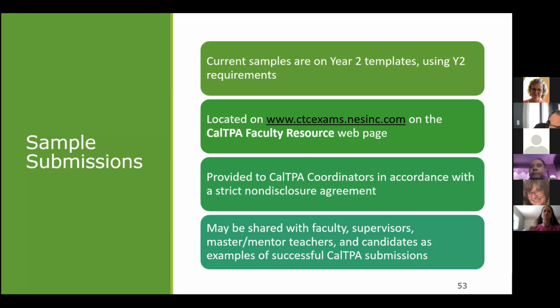So the intention is to eventually post some year 3 samples, but for the time being, we have posted samples from year 2. There is a cycle 1 and a cycle 2 example, one multiple subject and one single subject, I believe, science. These materials include all of the candidates' written evidence as well as their video evidence.